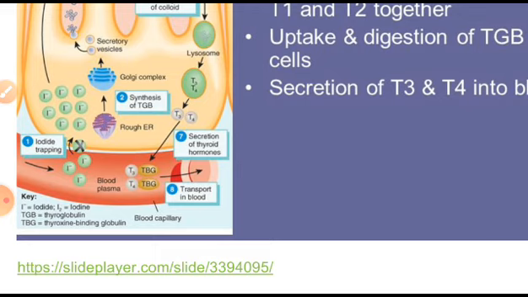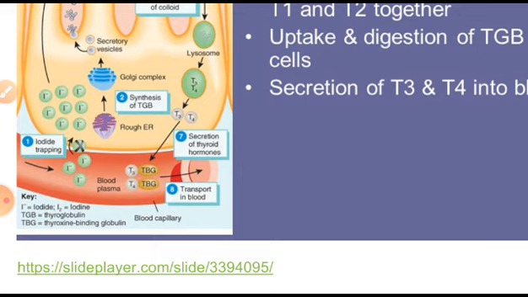The level of iodine in the blood is 0.2 to 0.4 microgram per dl. But the thyroid follicular cells trap iodide ion by actively transporting it from blood into the cytosol. You can see there, from the blood it is being transported inside, right?